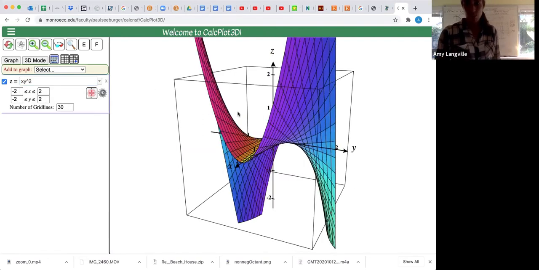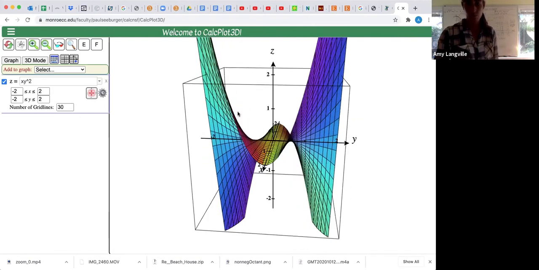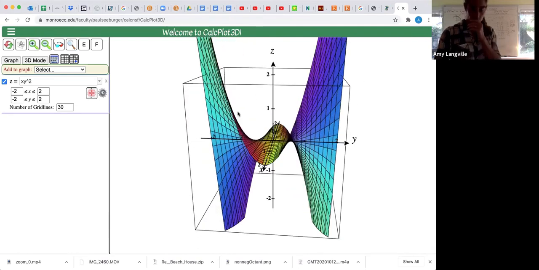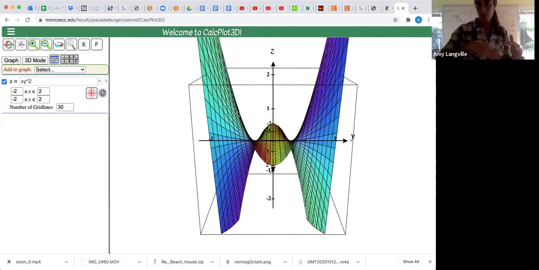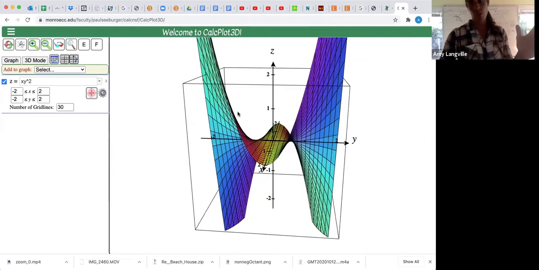Okay, and it's got this sort of saddled nature to it. I think they might even call this like, is this a monkey tail surface or something? You imagine a monkey sitting over there, but it has a tail as well. I think that might be what this one's called. Anyway, here's our surface.